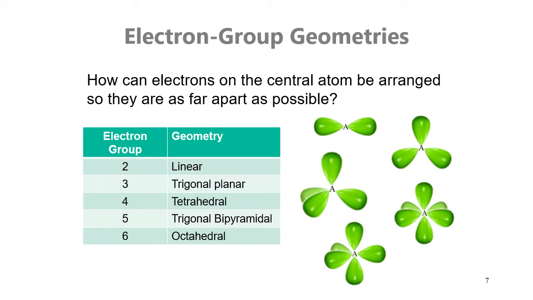For example, 2, the geometry is linear. 3, trigonal planar. 4, tetrahedral. 5, trigonal bipyramidal. And 6, octahedral. So this is the electron group geometry and also the molecular shapes. We are going to learn more later.